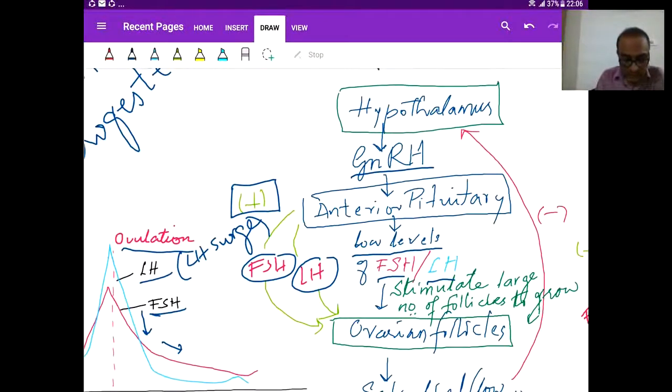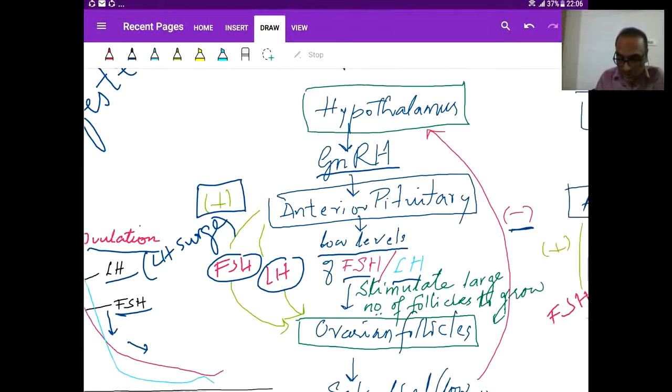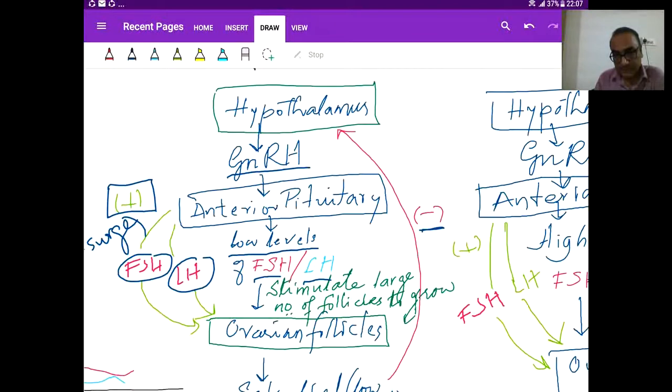This negative sign you see here shows negative feedback. That means it will not allow the release of GnRH in large quantities, only smaller quantities, so that lower levels of FSH and LH are maintained.